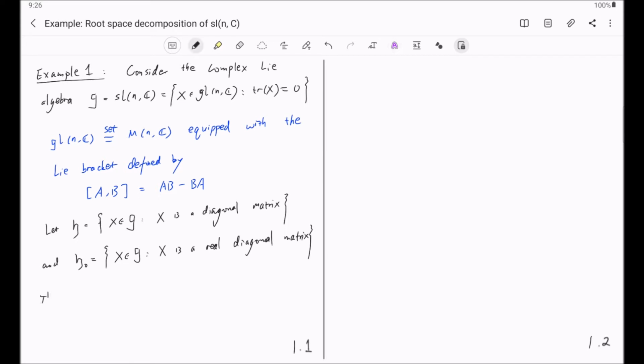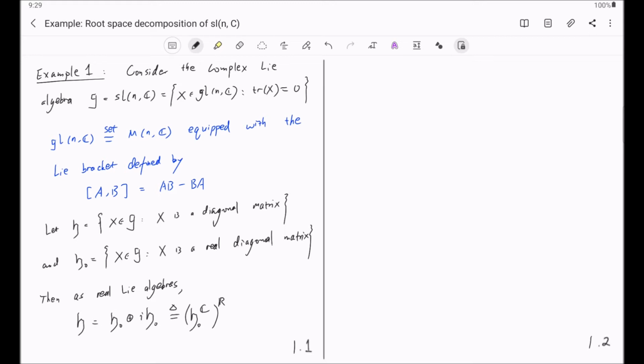Then, if you regard this h here as a real Lie algebra, then h is isomorphic to h_0 direct sum i times h_0, which, by some classical terminologies in Lie theory, can also be called the realization of the complexification of h_0.